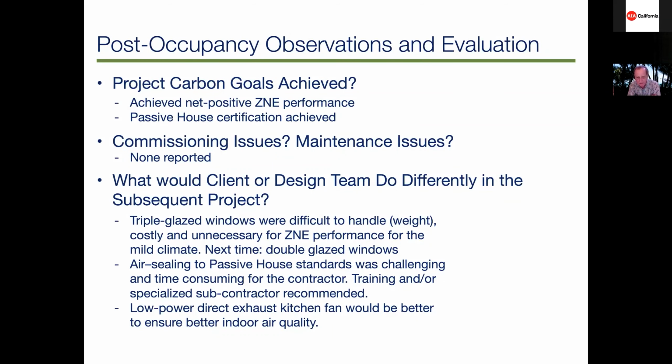The air sealing, as I said, he was essentially training his contractor in how to air seal. And I will second this based on my own personal experience in designing a zero net energy house. There are some subcontractors out there who really know how to seal, and it's good to have those kind of subcontractors. I'll give a little plug for the Pacific Energy Center in San Francisco.